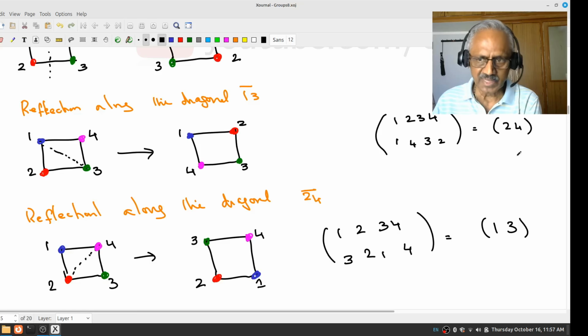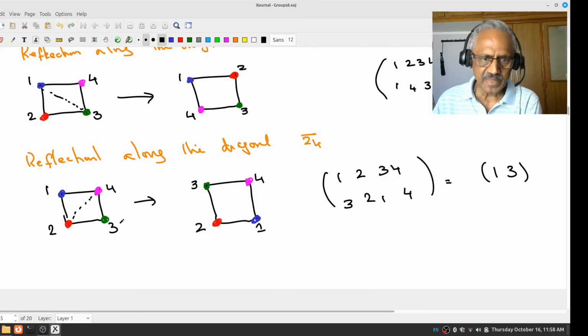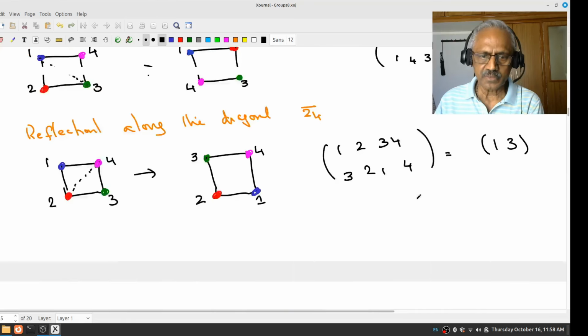Therefore, it's only a single transposition 2 4. Similarly, I can reflect along the diagonal 2 4. That means 2 and 4 remain fixed and 1 goes to 3, 3 goes to 1. Therefore, it's a transposition 1 3. These are the 4 reflections.